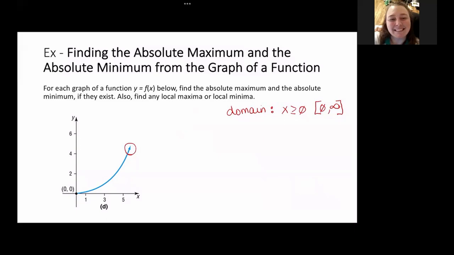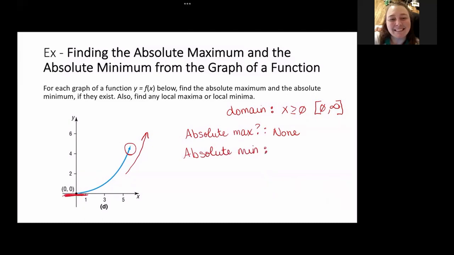Now, is there an absolute min? Nah, let's do max first. Is there an absolute max? Well, this keeps going on towards infinity. So we don't really know where the maximum is. So there is none. But an absolute minimum is here, right?